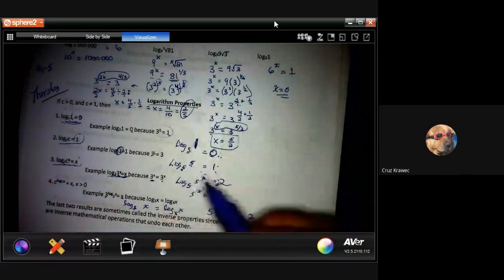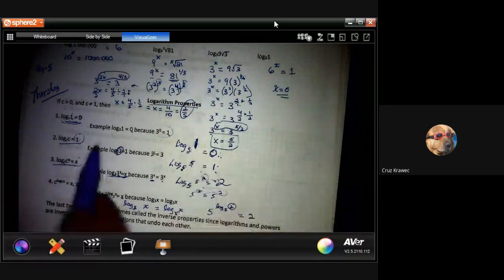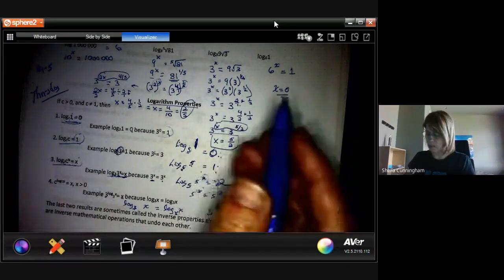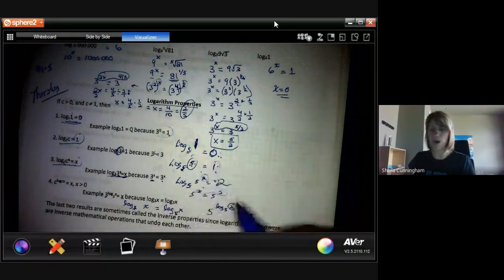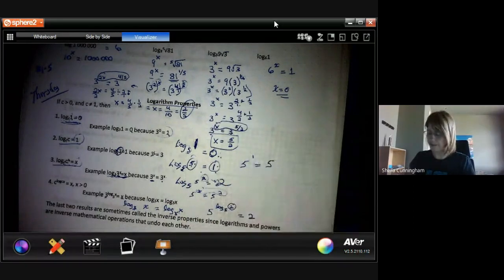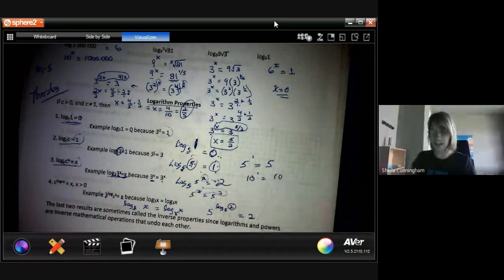I don't really get 2. So 2 is basically saying that whatever base I have to the power of some number has got to give me the same value that I started with. The only way I can put a power on my base and get the same number is if I put a 1 there. 5 to the power of 1 gives me the 5 I need, 10 to the power of 1 gives me the 10 I need.